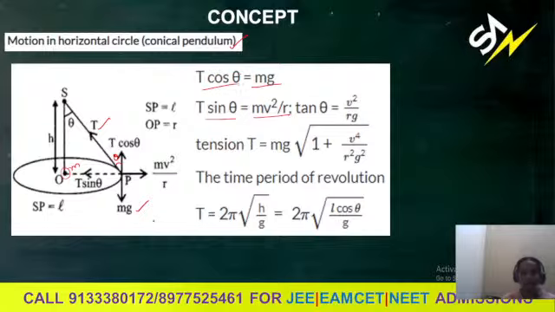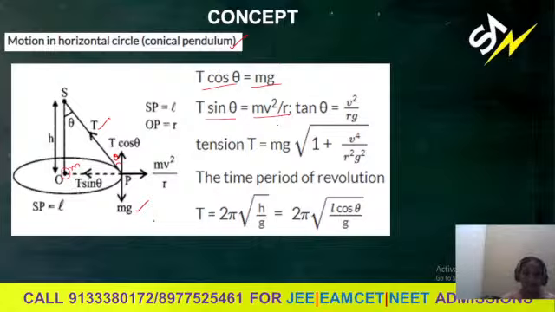That is, T cos theta is balanced with mg, and T sin theta is balanced with mv square by r, which is the centrifugal force, acting radially outwards, equal in magnitude to the centripetal force.